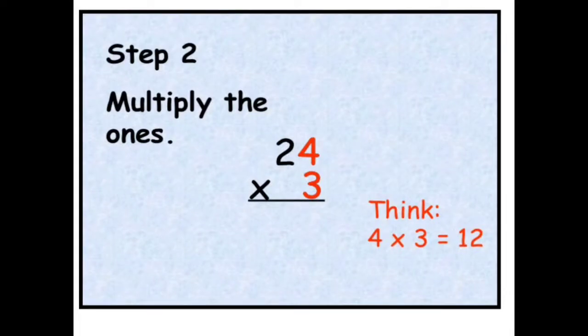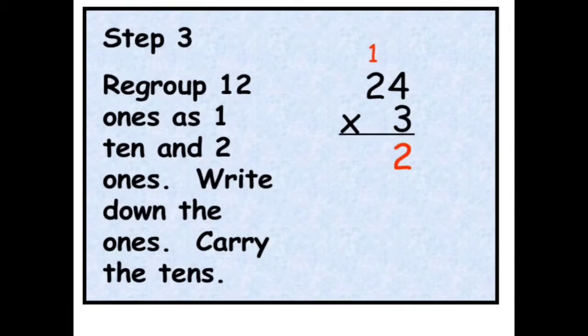So the same condition applies here also: 3 1s are 3, 3 2s are 6, 3 3s are 9 and 3 4s are 12. So 2 is here, regroup 12: 1 says 1 ten and 2 ones. 1 ten is equal to 10 and 2 ones. Write down the ones and carry the tens. It means 2 is here and 1 is here.